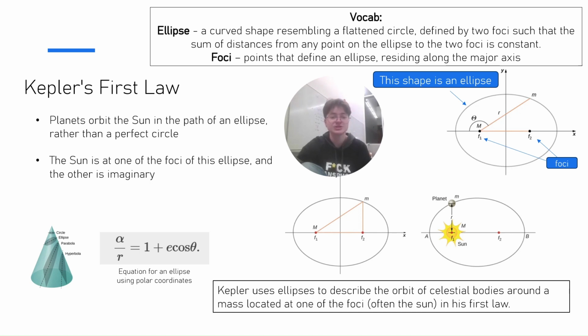Additionally, this equation is how you solve for an ellipse. It is also used to solve for a circle, a parabola, and a hyperbola, which are shown in this cone diagram. But Kepler uses ellipses as a method to describe the orbit of celestial bodies around the masses located at one of the foci, which is often the sun, and he does this in his first law.